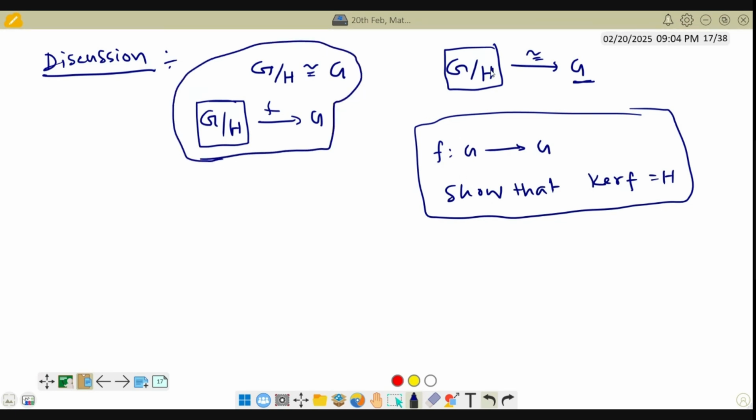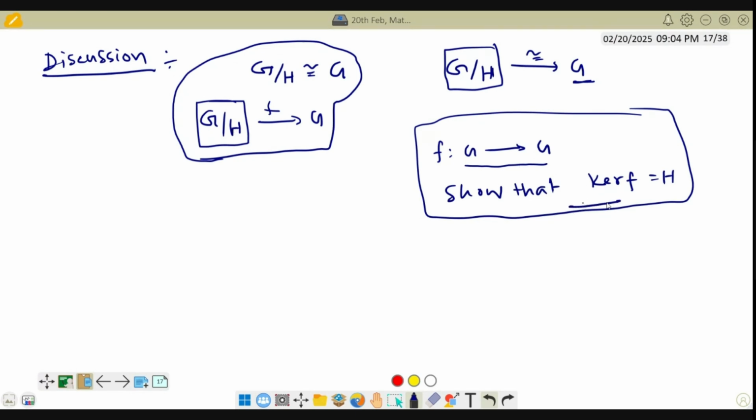Whenever you want to prove that a quotient is isomorphic to something, define the map from G instead, because there you can define anything without worrying about well-definedness. Here all the elements of H are equivalent to 0, so you need to take care of that.